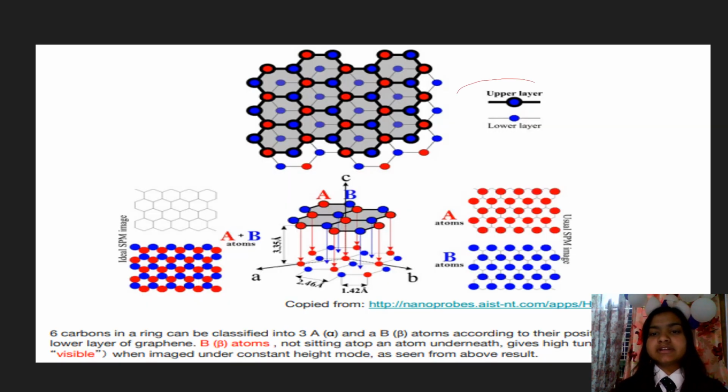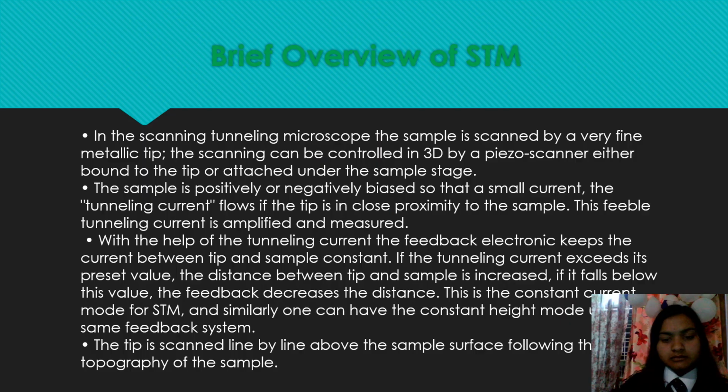This black and blue is the upper layer, and this only blue is the lower layer. Now, this is the constant current mode of STM, and similarly one can have the constant height mode using the same feedback system. The tip is scanned in a line above the sample surface, following the topography of the sample.